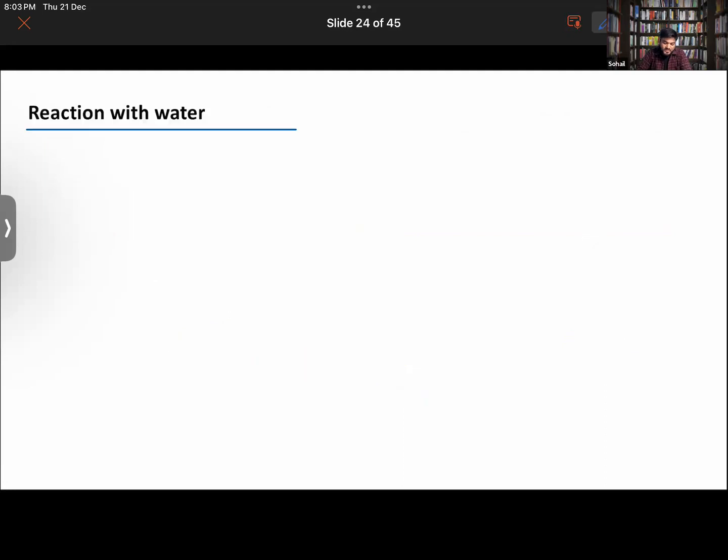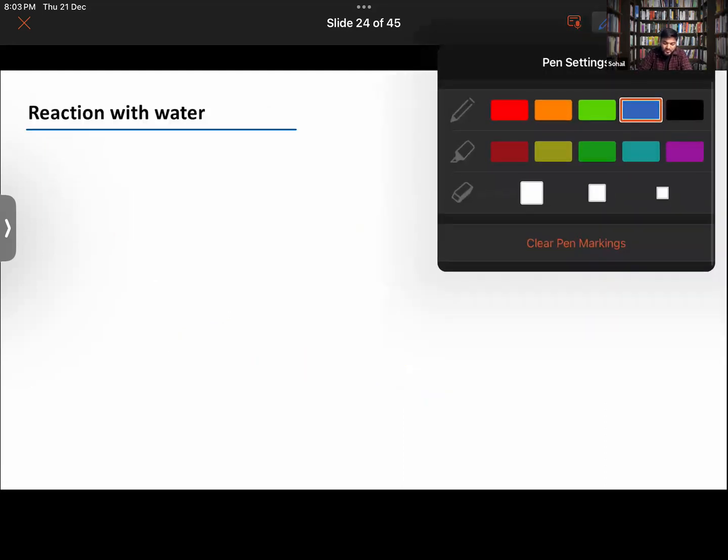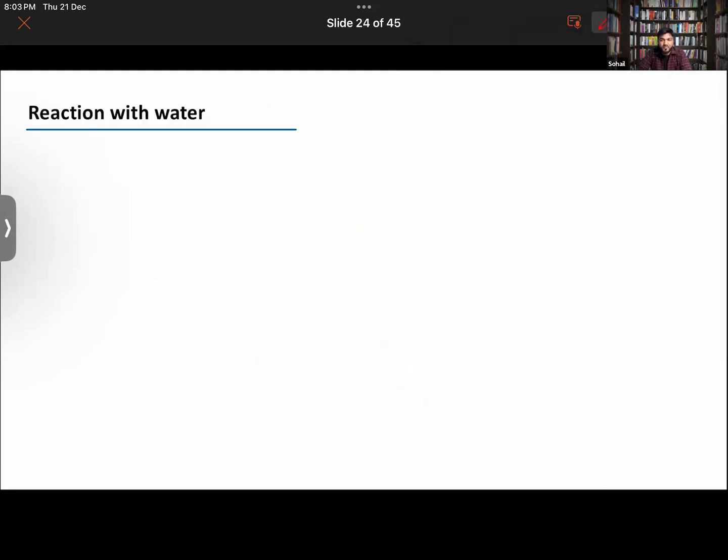Next, we will be studying how the metals or the non-metals react with water. Like in the previous class, we already had examples of some very reactive metals, and the reaction was very explosive. The metals will be reacting with water to basically give out metal hydroxide.